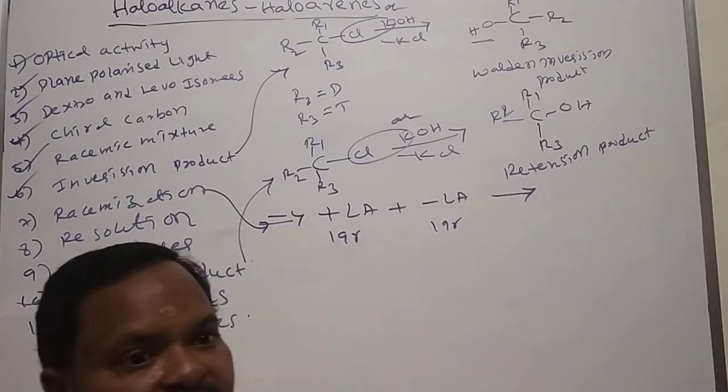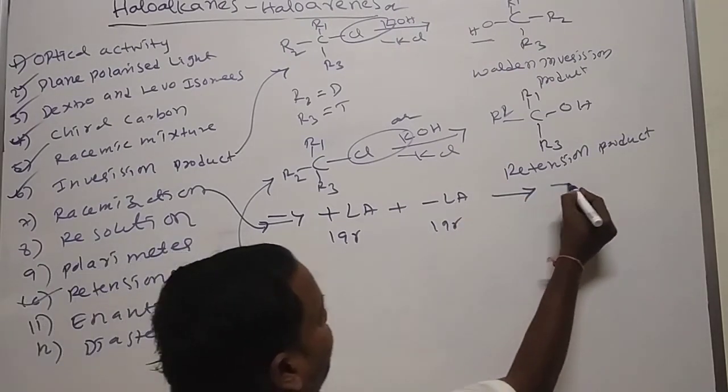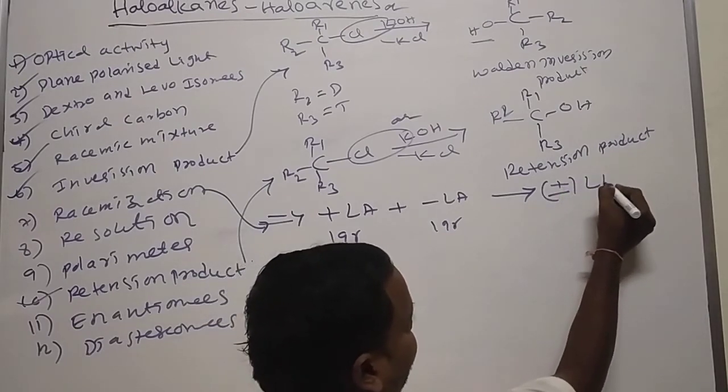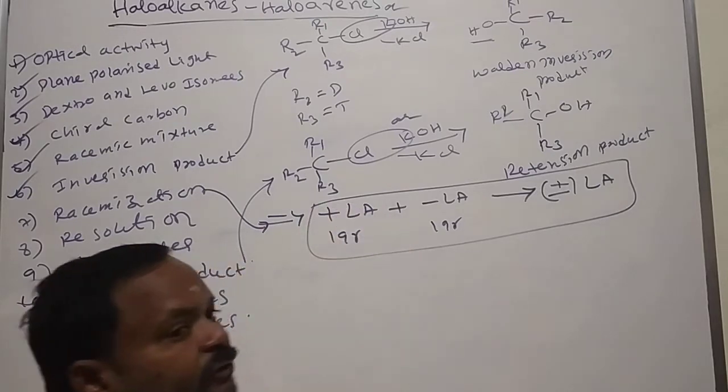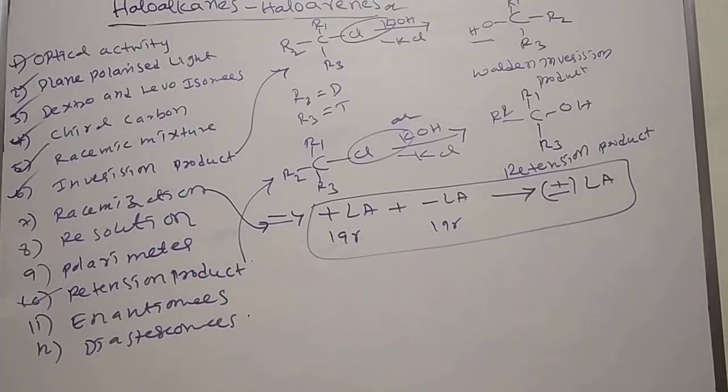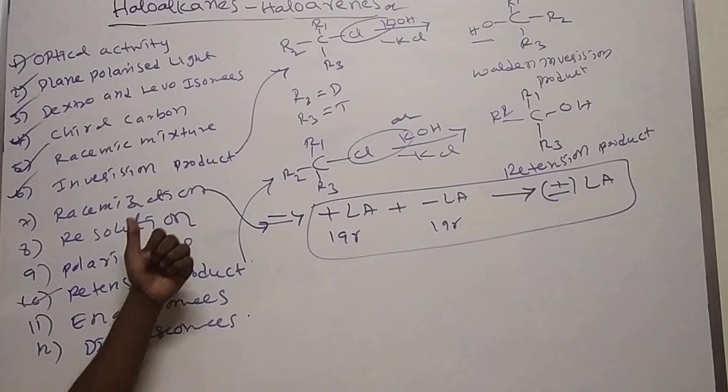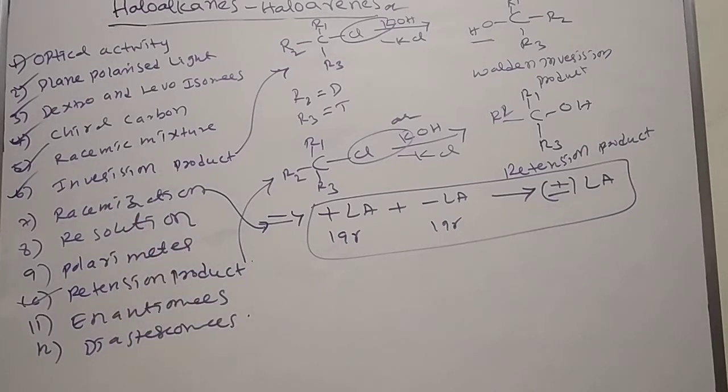This is called the mechanical method. What happens? We get plus-minus lactic acid. This is the preparation of racemic lactic acid from the individual isomers, from the reactants, which we call racemization. The conversion of a normal isomer into a racemic mixture is called racemization.